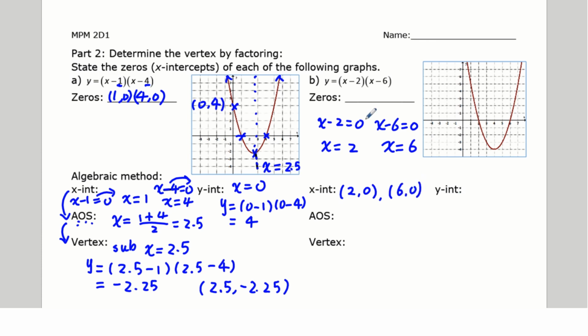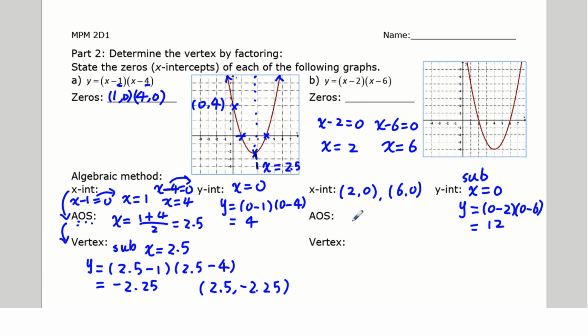And for y-intercept, it's just x equals 0 sub in. Whenever you are looking for y value, we do the substitution. Sub x equals 0 and solve for y. So y equals 0 minus 2 times 0 minus 6. It will give you positive 12.